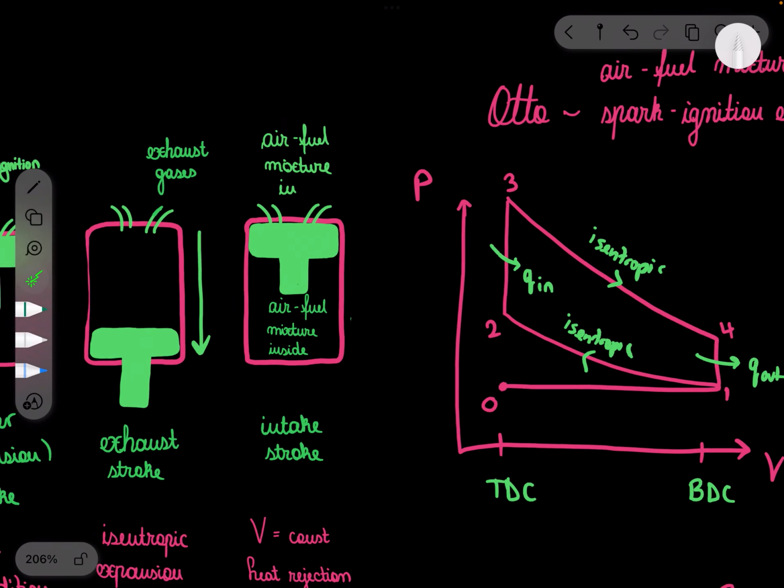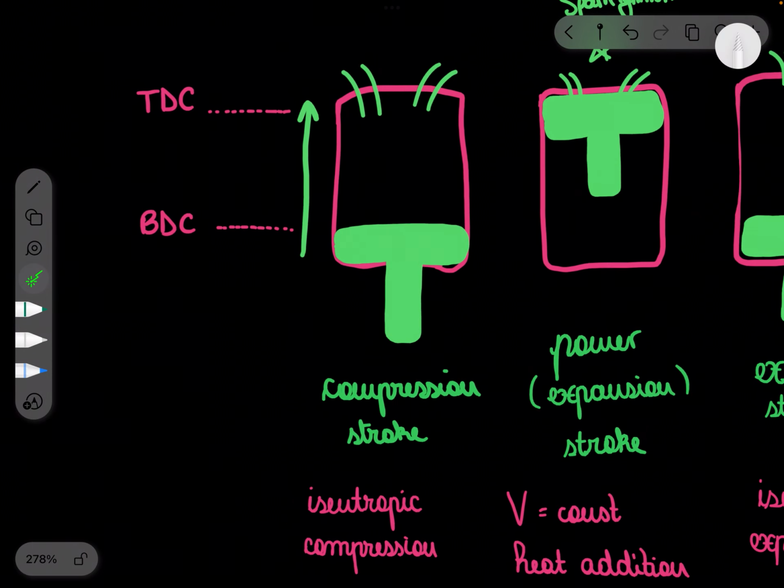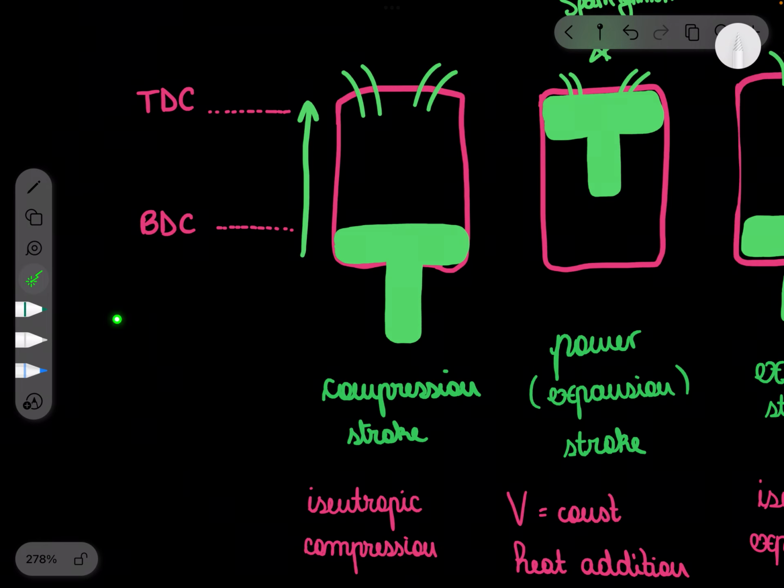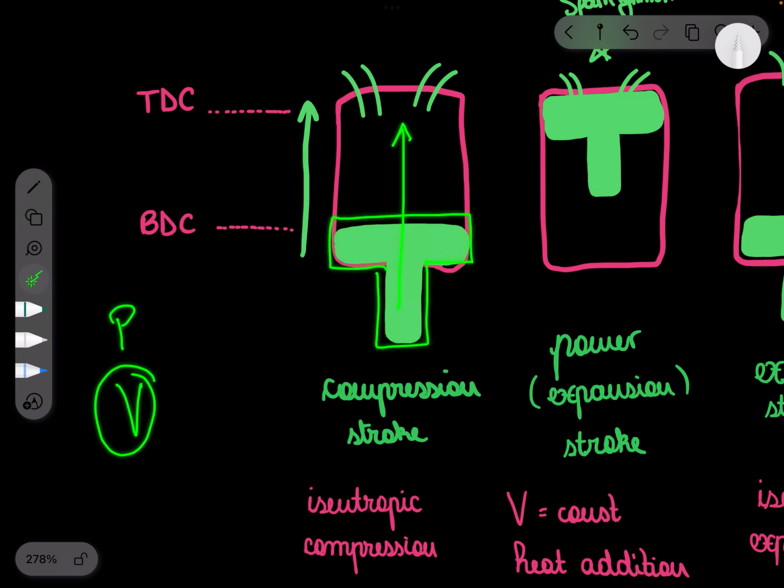Next up, from 0 to 2. This is this one. Compression stroke. So, in terms of pressure and volume, your piston is going to be moving up the cylinder from bottom dead center to top dead center because we have compression. So your volume changes.